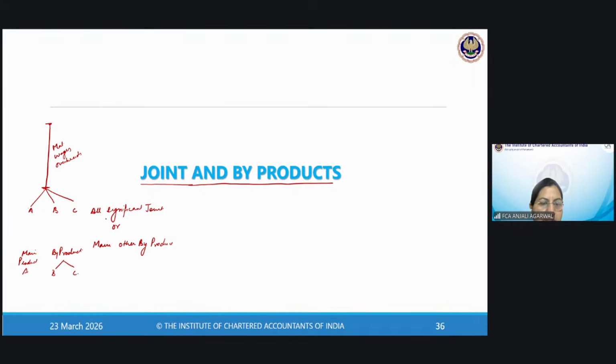Anything is possible. So the whole topic or the whole concept is whatever the expenses you have incurred up to the split off point. So these are expenses incurred up to split off point.